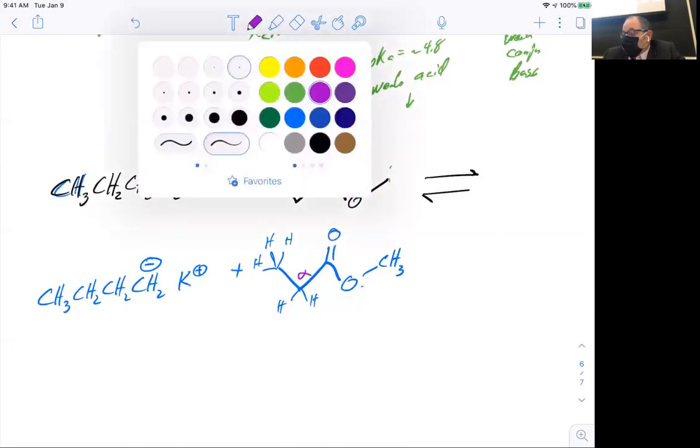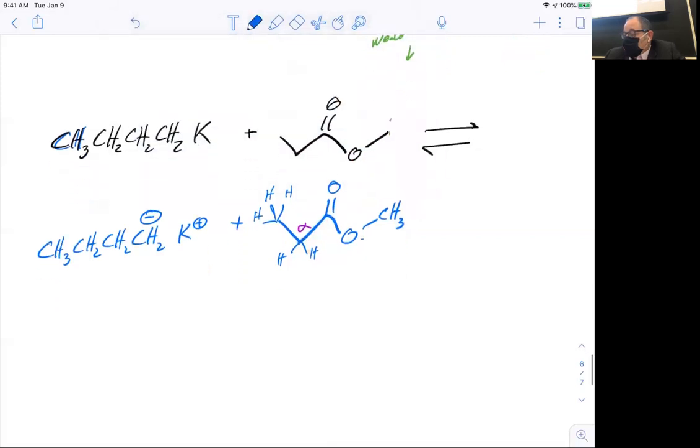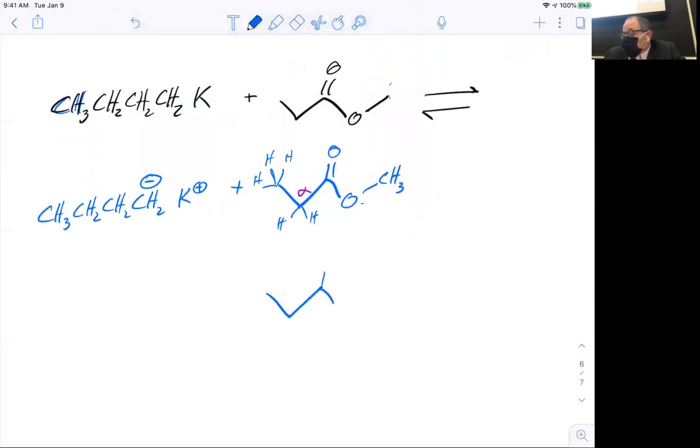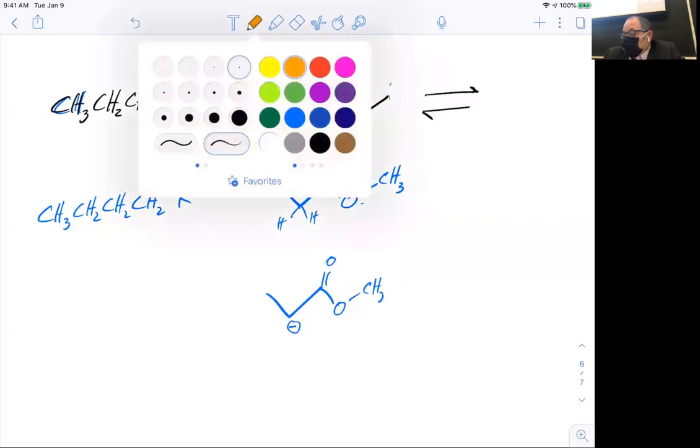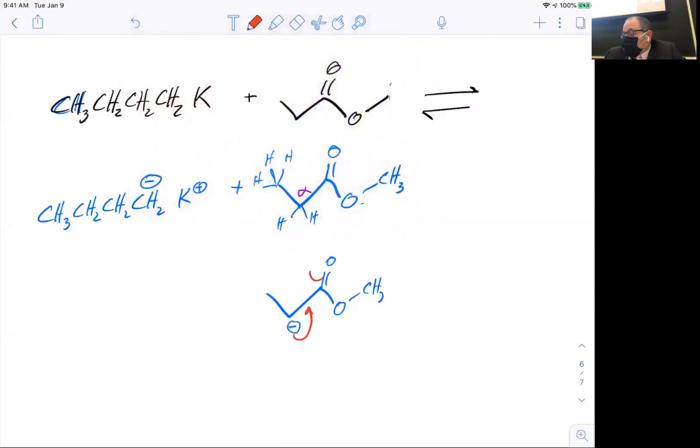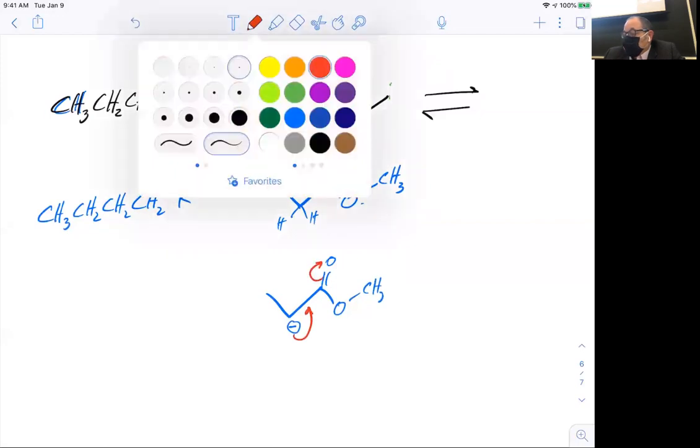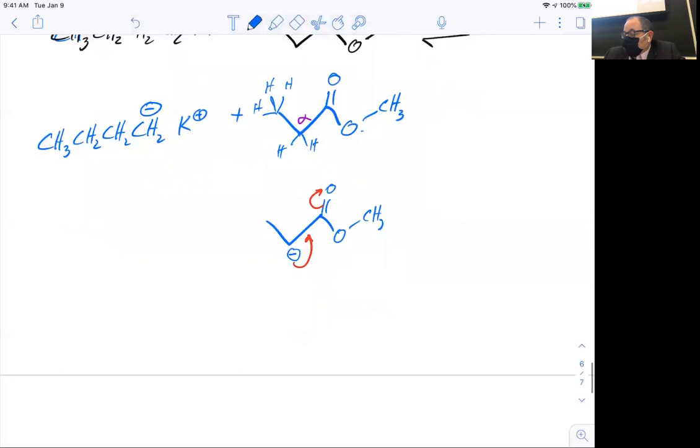And if we draw the resonance contributor for that, we can delocalize that into here. So now I not only have a carbon negative, it's in resonance with an oxygen negative, right? So that's going to make that much more stable than the potentially isolated sp3 carbon.